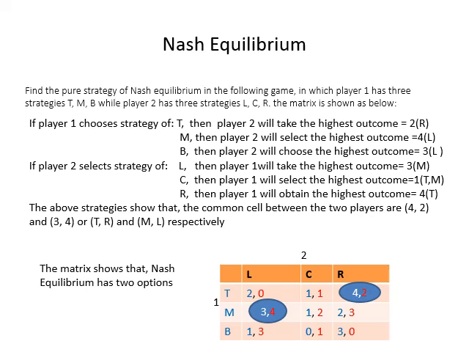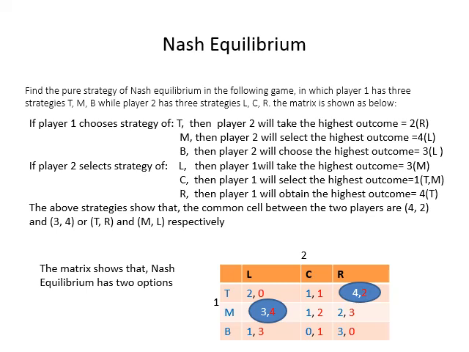If player 1 chooses strategy T, the first row, then player 2 will take the highest outcome.